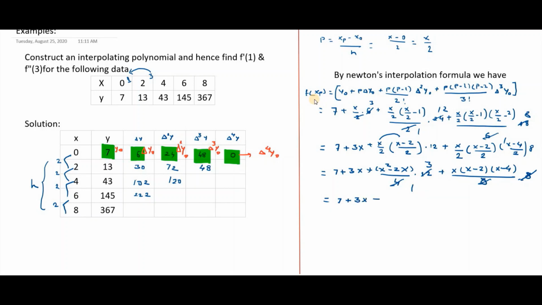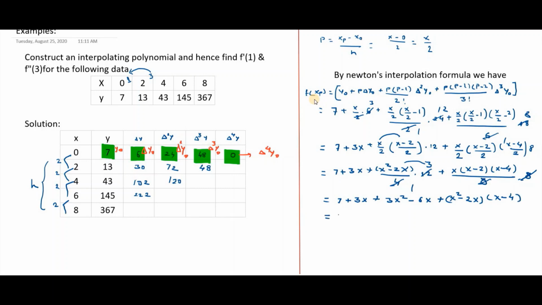3x plus. Now multiplying x square into 3 is 3x square, and next x square minus 2x into 3 is minus 6x plus. Now if you simplify this, x into x minus 2 is x square minus 2x, bracket complete, x minus 4 write as it is.